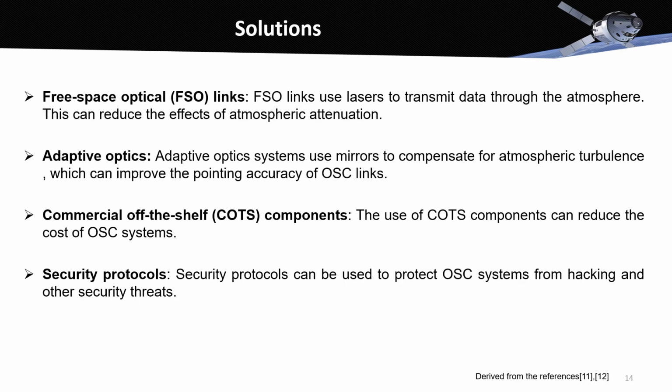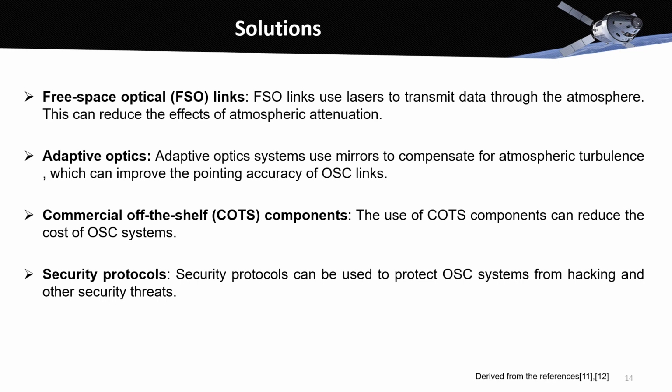Apart from the challenges, there are solutions for optical satellite communication with the advancement in technology. The first one is known as free space optical links. FSO links use lasers to transmit data through the atmosphere. This can reduce the effect of atmospheric attenuation. Next one is adaptive optics.